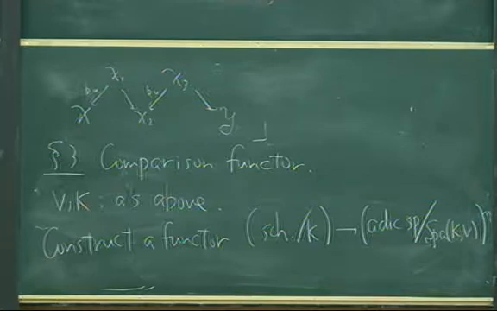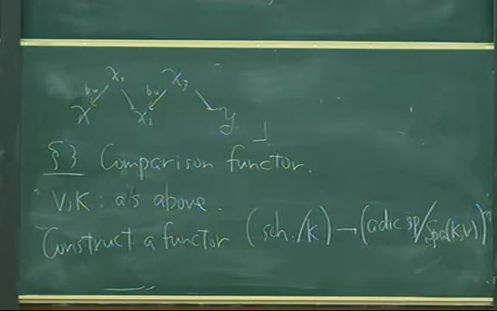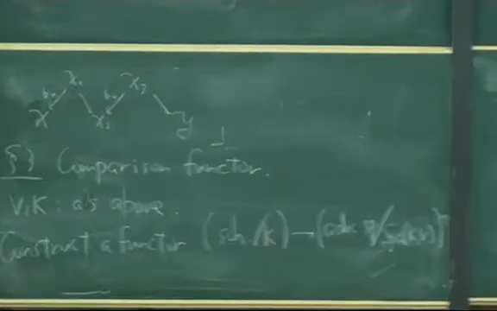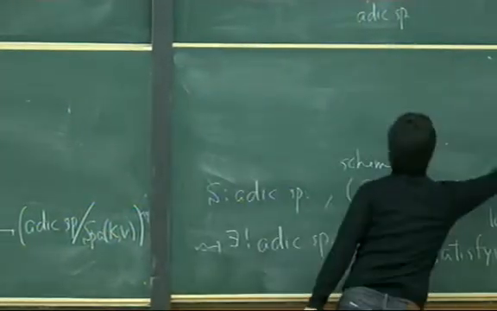So I have 20 minutes. In the remaining part of today's lecture, I will explain the definition of étale map and smooth map in the category of adic spaces, to define étale cohomology. But it is almost the same.